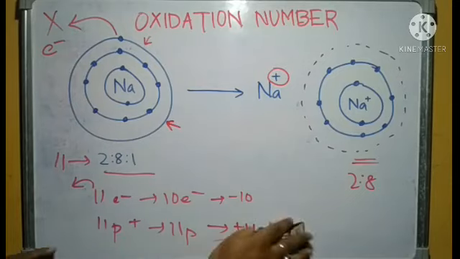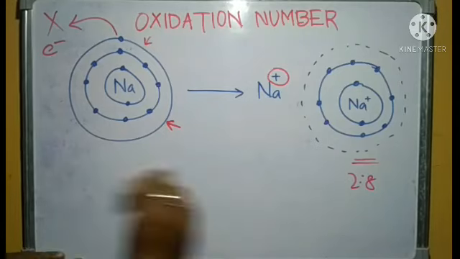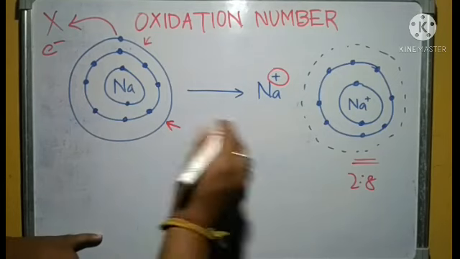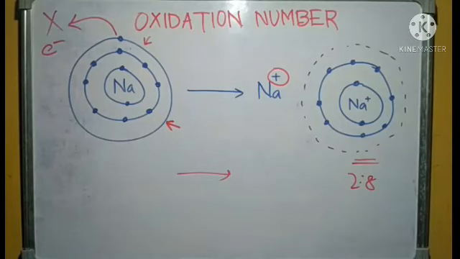Now in the case of oxidation and reduction, when there is an oxidation, its oxidation number increases. So what is oxidation number?